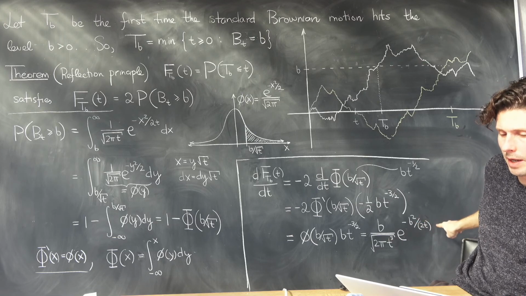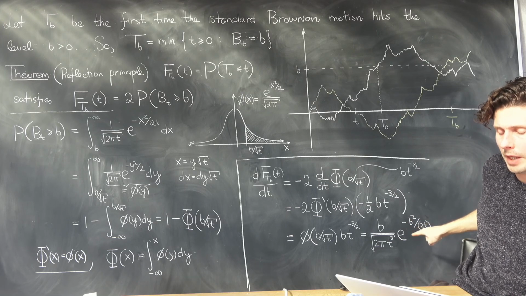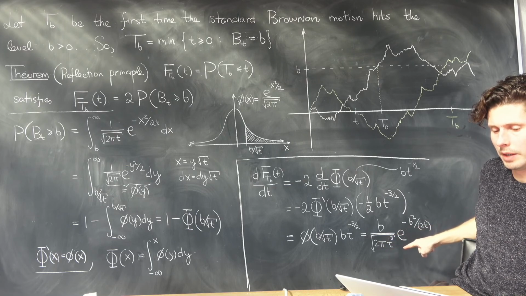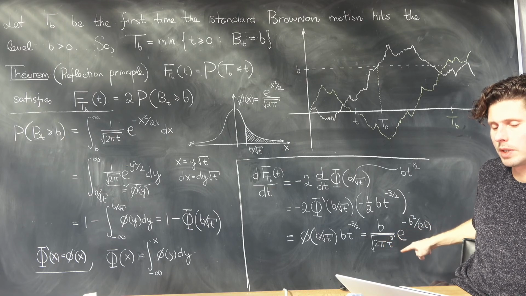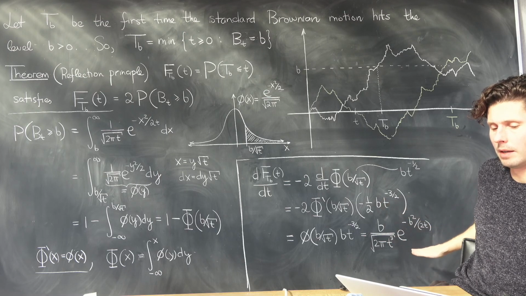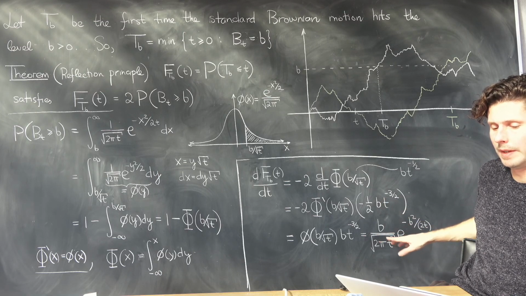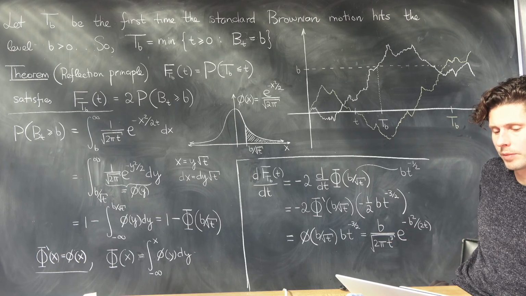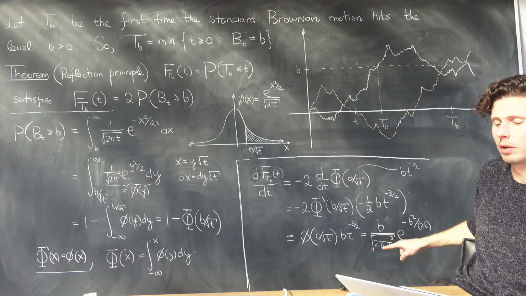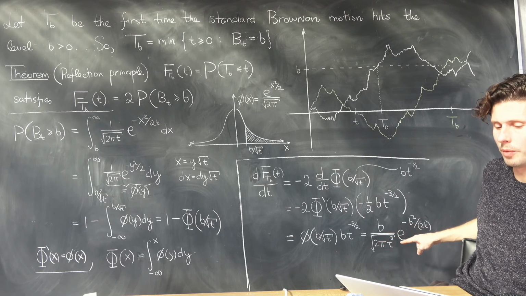One is in this exponent, and one is in the denominator here. So you can see with increasing t, this will make the density decay. So this term is responsible for the decay of the density out to infinity. So the probability that this time becomes larger and larger gets smaller and smaller because of this term here.